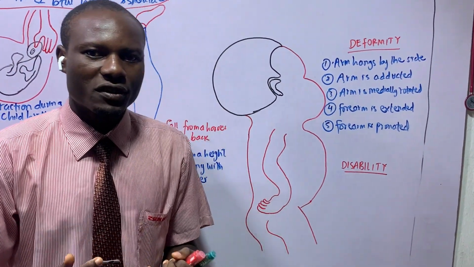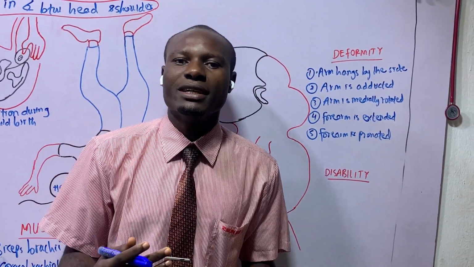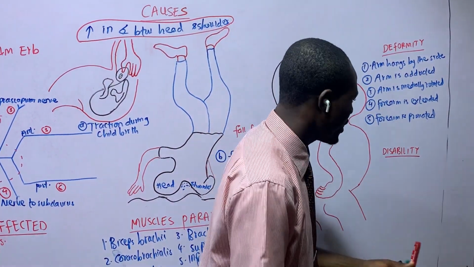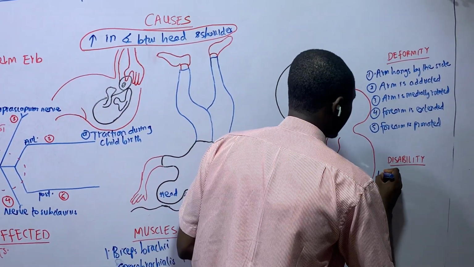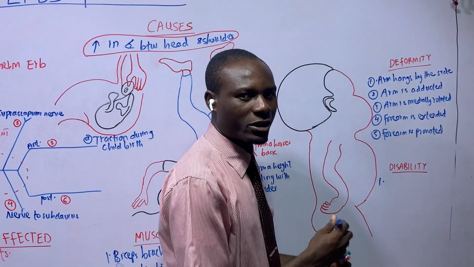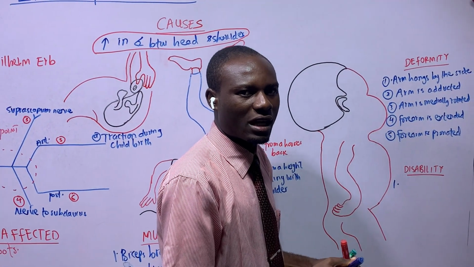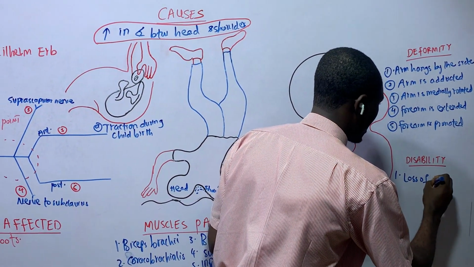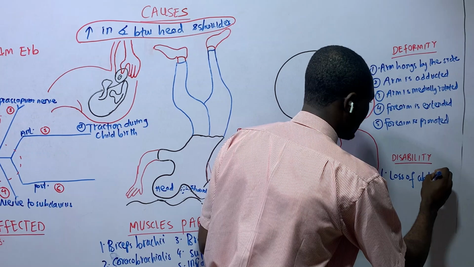Disability refers to the various loss of movement due to the above. And how does that happen? It's very easy. So first, if the arm hangs by the side and is adducted, which movement is lost? Abduction. So there's loss of abduction of the arm.